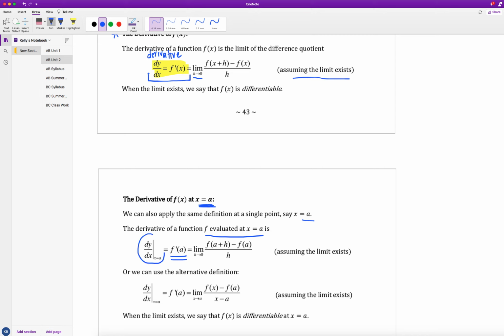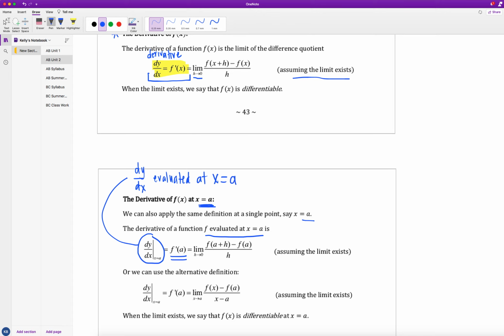For the operator notation, we have this vertical bar here. So we still have this dy over dx, then we have that vertical bar. How we pronounce that is that's referring to evaluated. So this is saying dy over dx, which is our derivative of y with respect to x, evaluated at, in this case, x equals a. So that vertical bar is telling us what x value we want to substitute in.